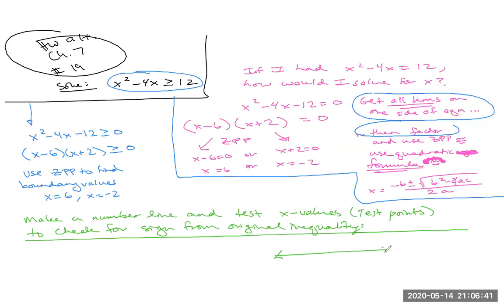Here's our number line. These are our x values. We're going to put our boundary values on there, negative 2 and 6, in the correct order. Now, if you see a greater than or equal to or less than or equal to in your original inequality, you are going to have points at your boundary values.